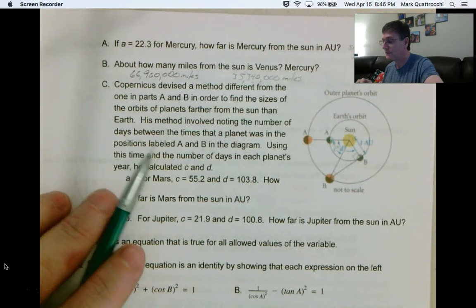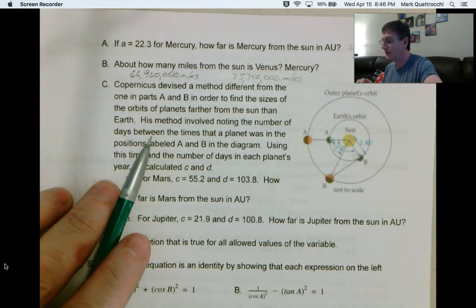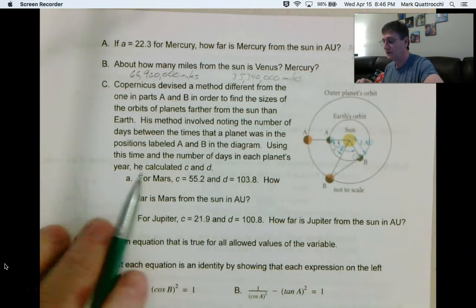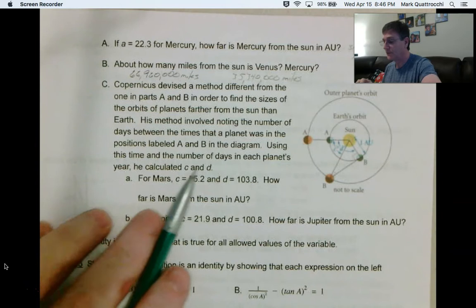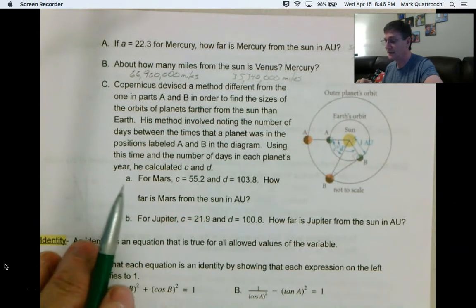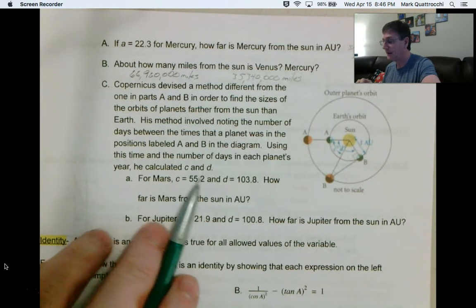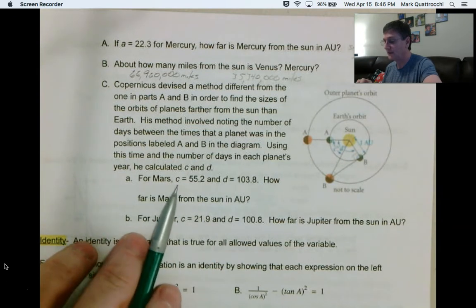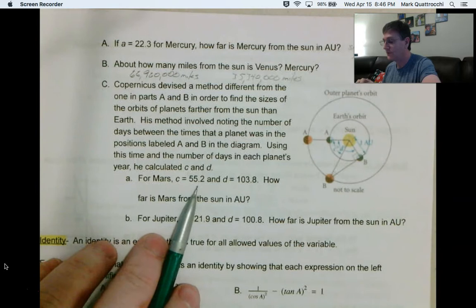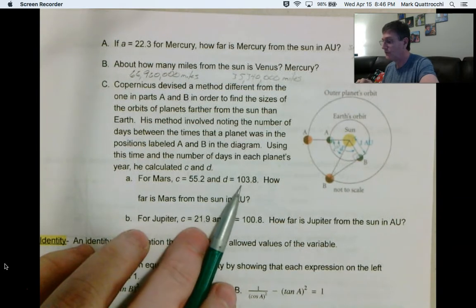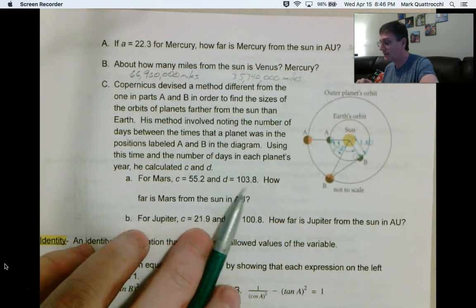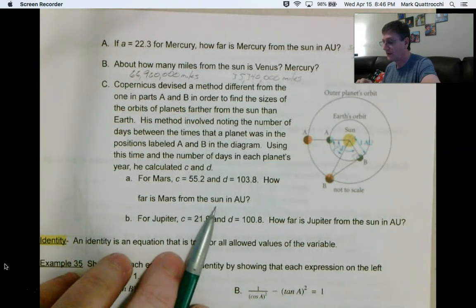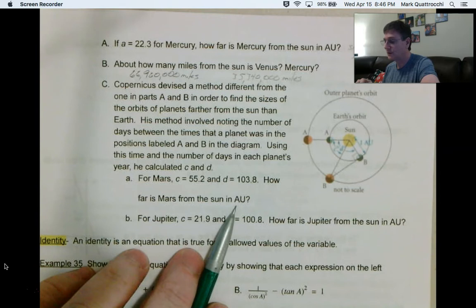Using this time, the number of days in each planet's year, he calculated the angle C and the angle D. So for Mars, C was 52.2, and for D, it's 103.8. How far is Mars from the sun in astronomical units?